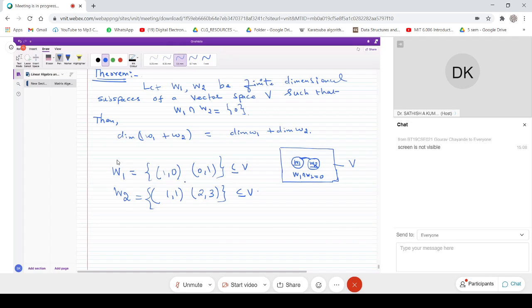Dimension of W1 is 2, of course, because 1 0, 0 1 is a basis. And dimension of W2 is also 2, because the number of entries is 2. So dimension of W1 plus dimension of W2 is 2 plus 2, which is 4. We can always construct an example like that.